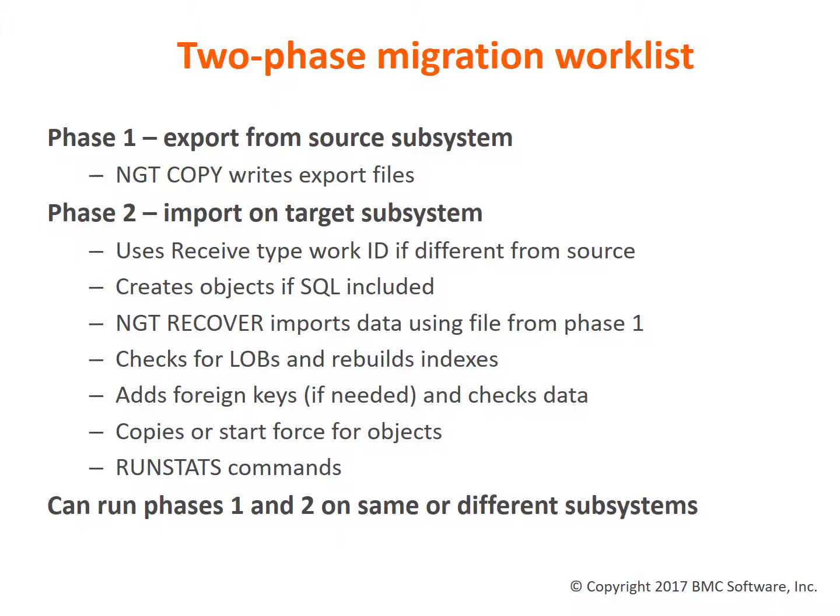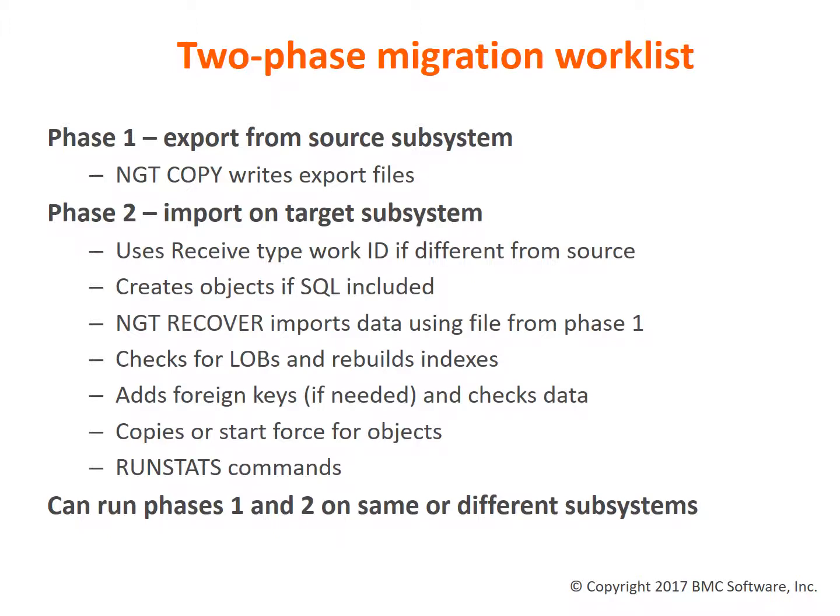The export files created in phase 1 are passed to BMC NGT Recover that validates and imports the image copies into the corresponding target objects. Change Manager includes the commands needed in the work list to rebuild indexes, check LOBs and data, create and check for foreign keys if needed, execute image copies if not done during the import process, and execute runstats commands.